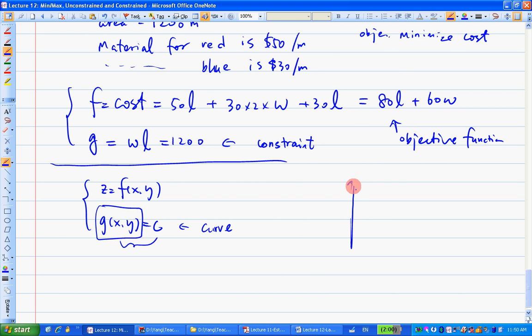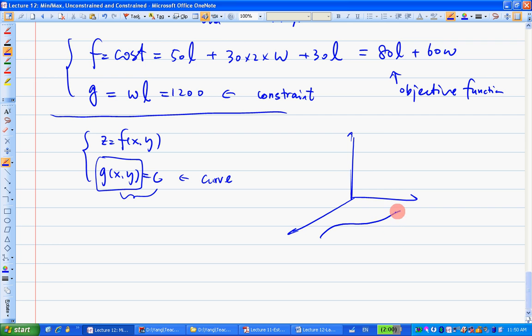This is within the xy plane, that's your constraint. So what does constraint mean? Constraint basically means your x and y values are not going anywhere but along this curve.